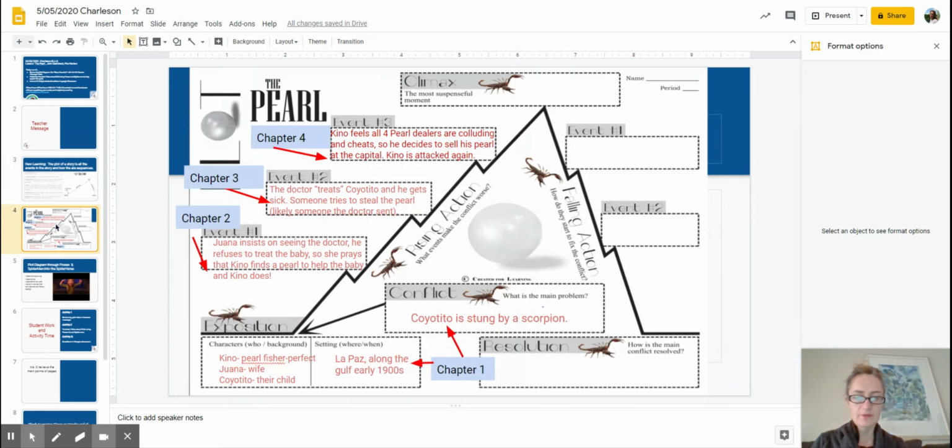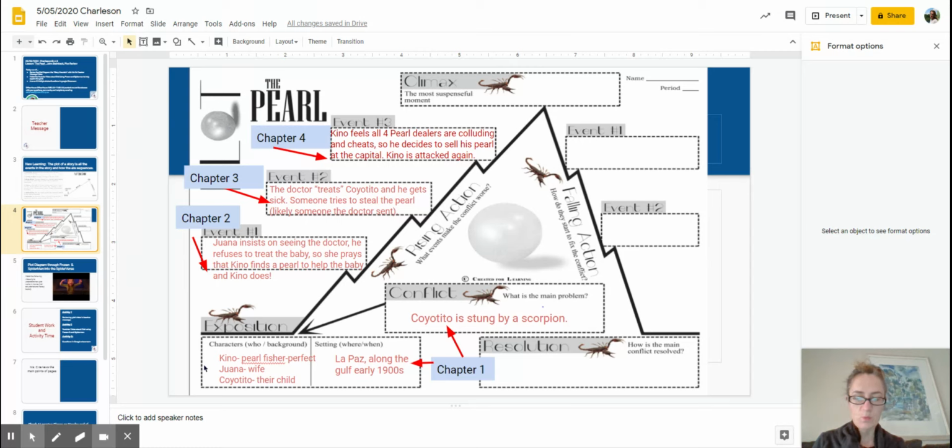When we look at this for the Pearl, this is the specific plot diagram for the Pearl. In the beginning, the exposition, we got introduced to Kino and found out he was a pearl fisherman. He had a perfect life. He lived in a very beautiful area along the Gulf, near a place called La Paz. We knew that he had a kind of primitive life. He lived in a brush hut.